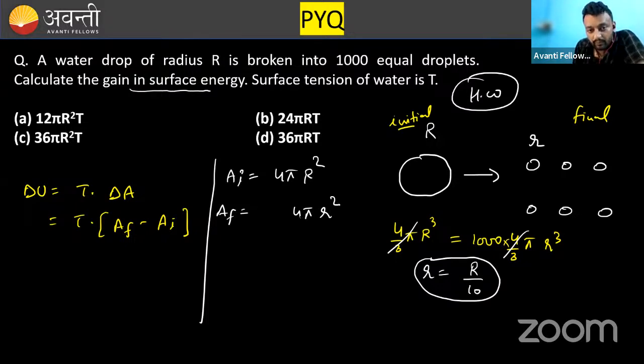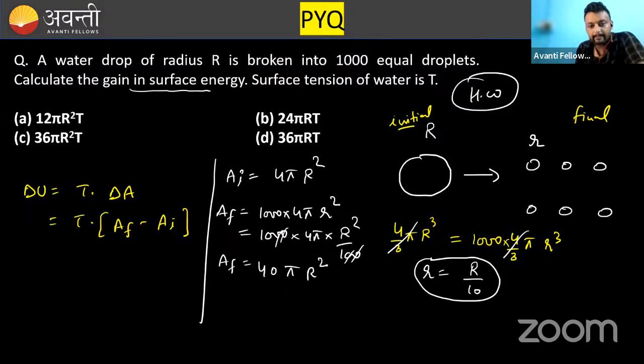This is the area of one drop. How many drops are there? 1,000 drops are there. Now put the value of small r. 1,000 into 4 pi, small r square is R square by 100. That means the final area is 40 pi R square.